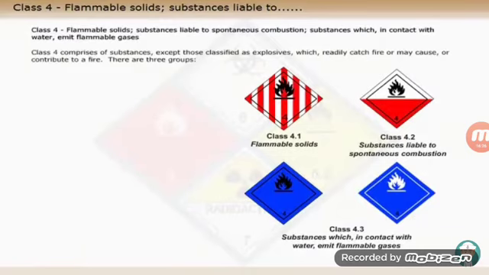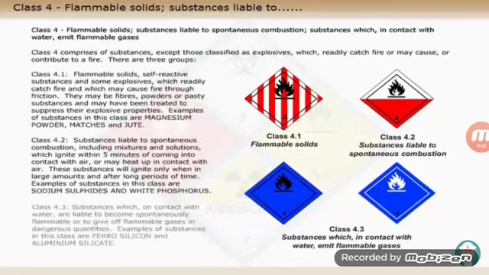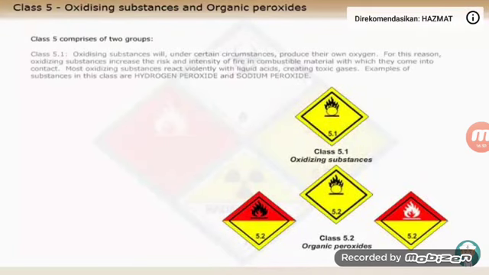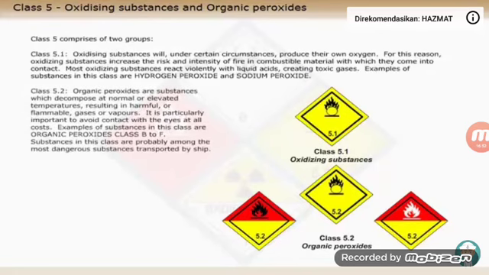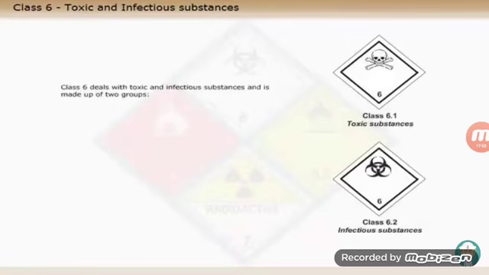Class 4 comprises substances, except those classified as explosives, which readily catch on fire or may cause or contribute to a fire. There are 3 groups. Class 5 comprises 2 groups. Class 6 deals with toxic and infectious substances and is made up of 2 groups.